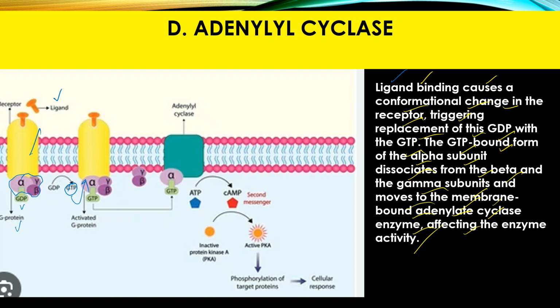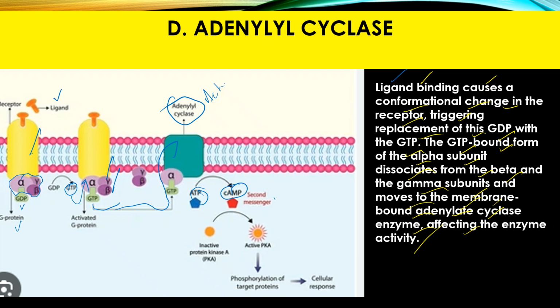Now the alpha GTP will dissociate from the other subunits, the gamma and the beta subunit. It will travel and attach to adenylate cyclase, which is a transmembrane enzyme, and after attaching, adenylate cyclase will be active and it will convert ATP into cyclic AMP.